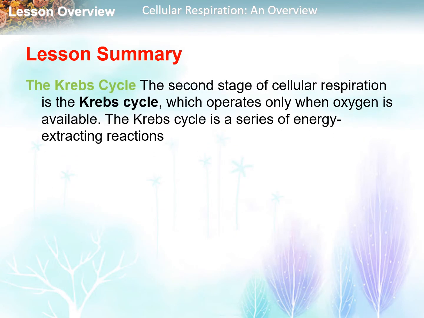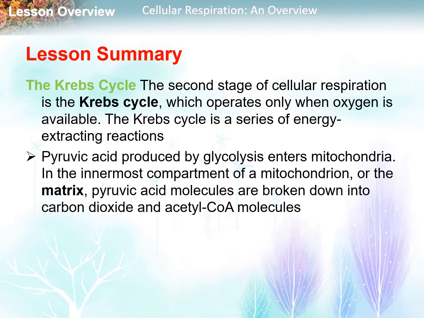The second stage of cellular respiration is the Krebs cycle, which operates only when oxygen is available. The Krebs cycle is a series of energy-extracting reactions. Pyruvic acid, which is produced by glycolysis, enters the mitochondria.